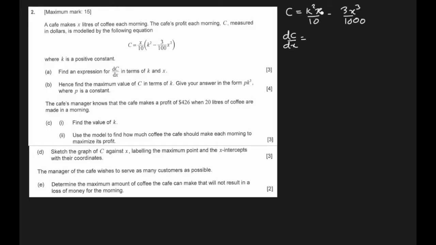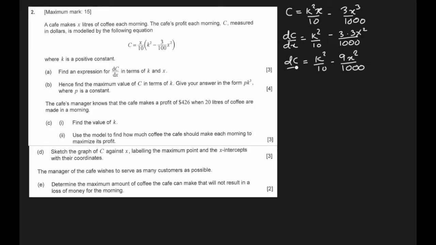Since this is just x, whatever is the coefficient becomes the derivative: K squared over 10. Minus, in the x cubed case, 3 and 1000 will be untouched because they are constants, just like K squared and 10 were constants, and only x was differentiated. This x cubed will be differentiated as 3x squared. So in simpler form it is K squared over 10 minus 9x squared over 1000.